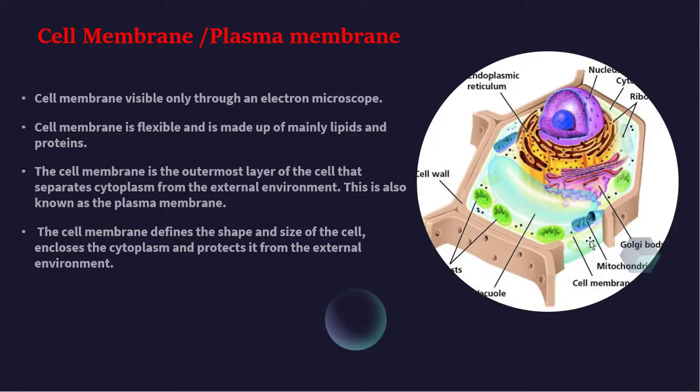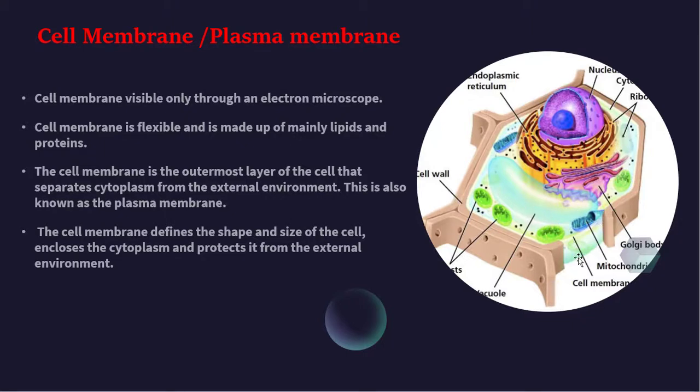This is the cell membrane. What it is doing is separating the cytoplasm, this is all the cytoplasm, from the external environment. This cytoplasm is separated from the external other cells, that is, the external environment.